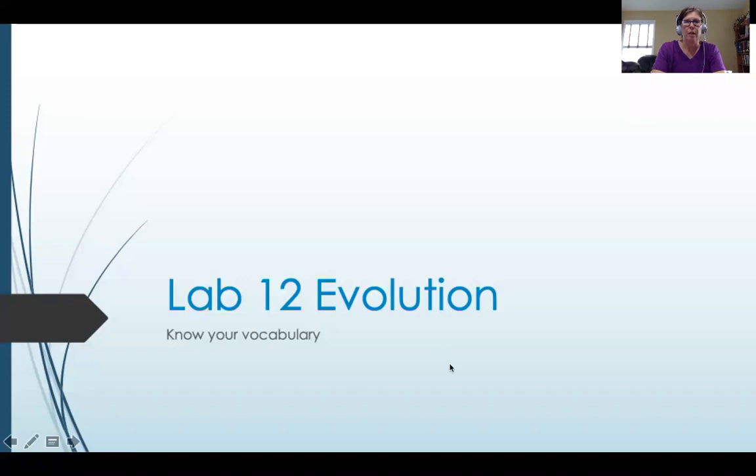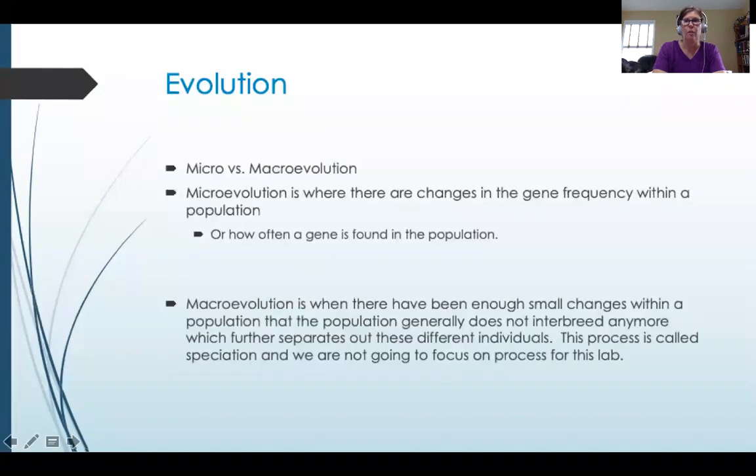So what we're going to do here is, again, you need to know your vocab. The second thing is there's kind of this understanding of evolution, but we can actually divide evolution into two fields or ideas: microevolution and macroevolution.